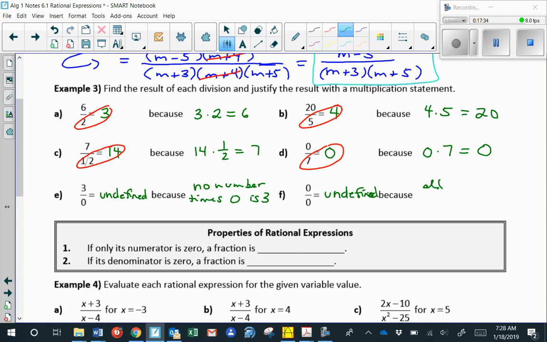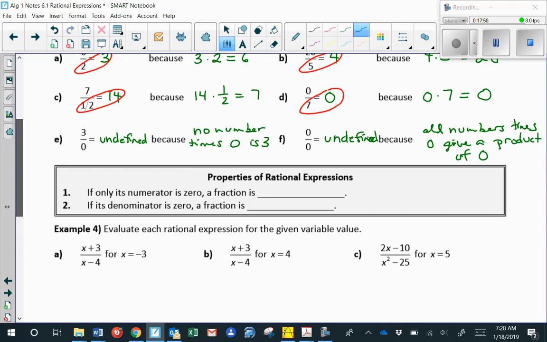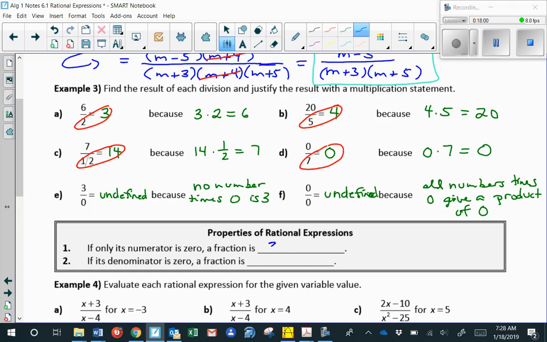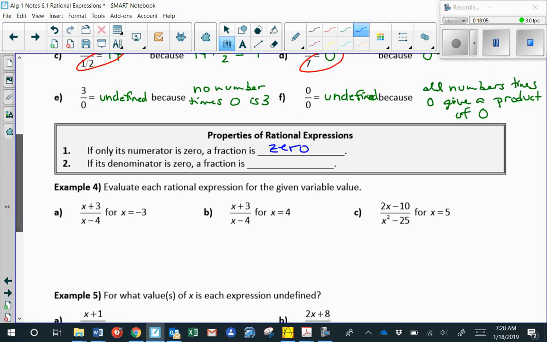It doesn't give me a specific numerical value because all numbers times 0 give a product of 0. So what does this mean? Summarizing, if only the numerator of a fraction is 0, then the fraction is 0. If the denominator is 0, the fraction's undefined.